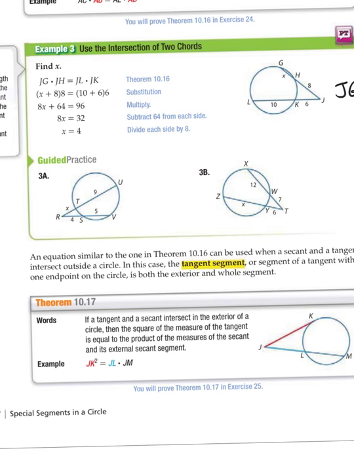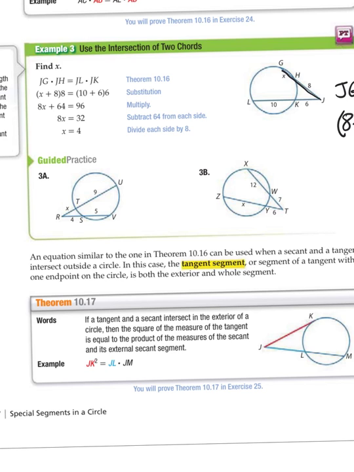And what I alerted you to, and I want to alert you to again, when you're finding the entire length of JG, remember you're adding two segments together. You're finding this entire total through here. So your entire length is going to be 8 plus x, not 8 times x.